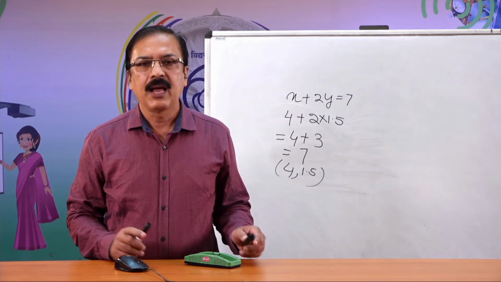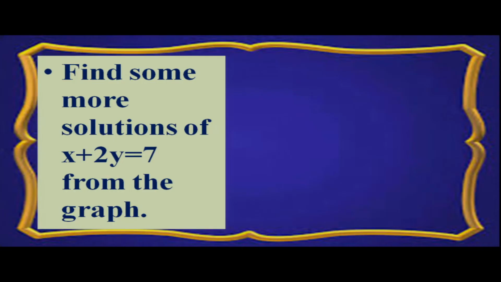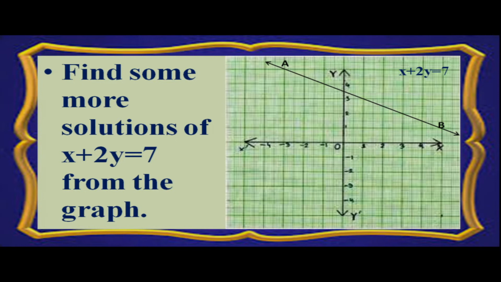Now let's have a look. Find some more solutions of x plus 2y equal to 7 from the graph. Here you see, this is the graph of x plus 2y equal to 7 and the line is AB. Let's find some points where we can easily find the coordinates. These points we can identify, and now let's have their coordinates.